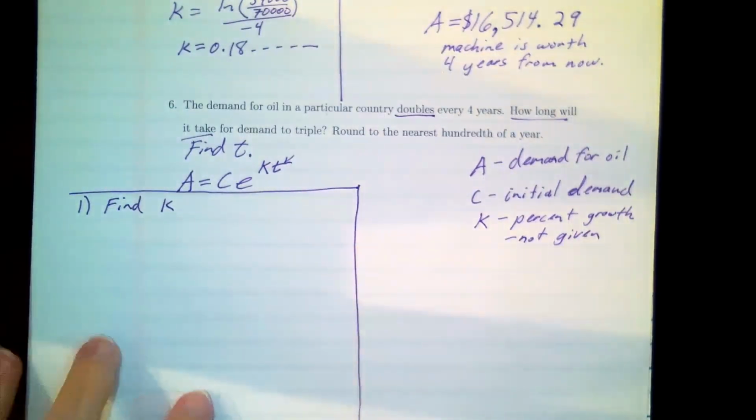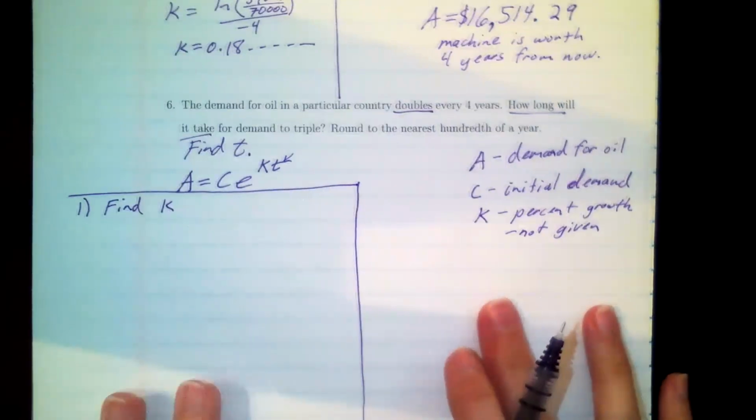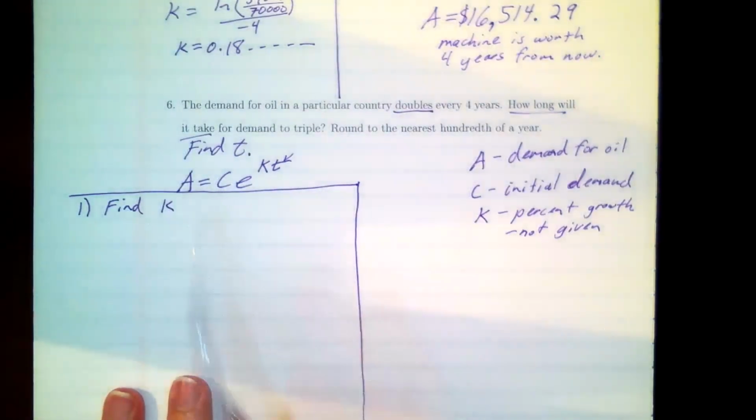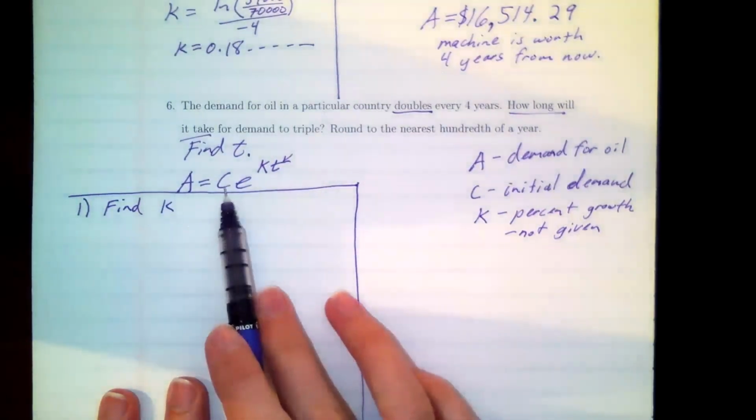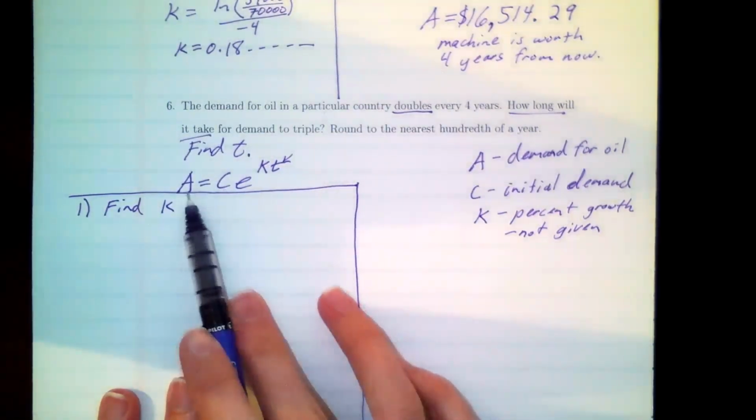This is where we have to get a little bit clever about what's going on with A and C. We don't know what our initial consumption of oil was, so therefore we don't know what doubling that means.